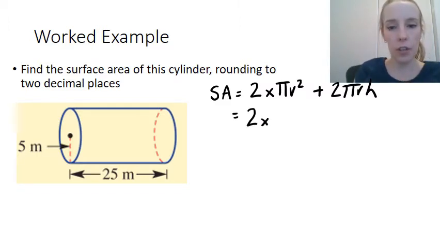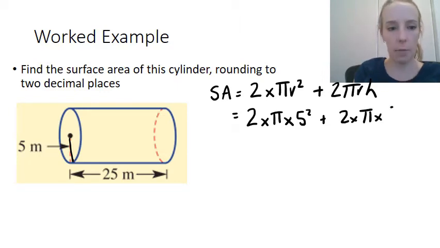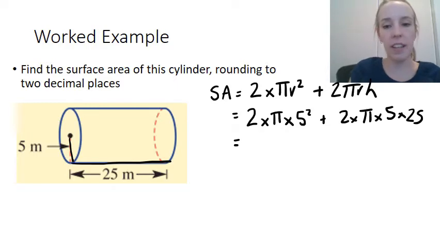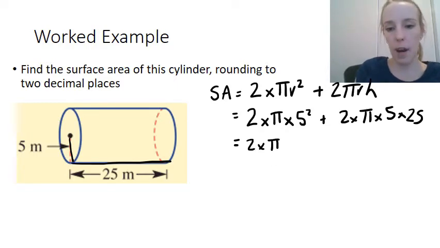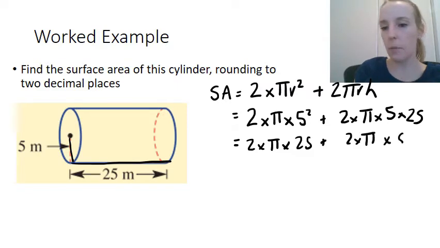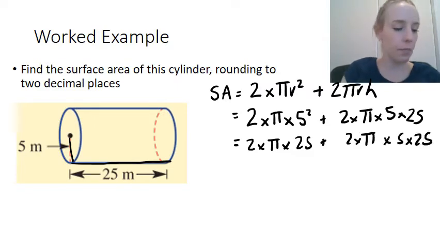So 2 times pi times our radius, which is 5 meters, 5 squared, plus 2 times pi times 5 times the height, which is 25 meters. And from there we can type that into our calculator, so that's going to be 2 times pi times 25 plus 2 times pi times 5 times 25.